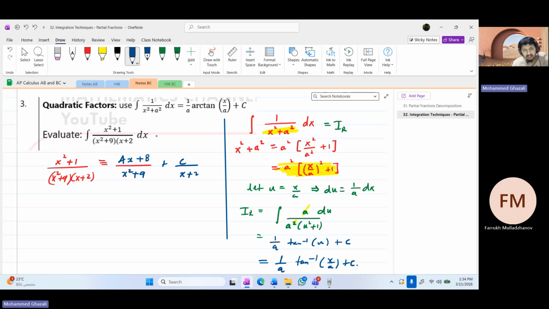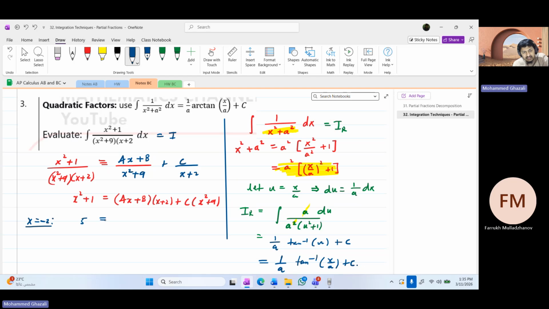I'm calling this the integral. Right, so let's see. So we're getting x squared plus 1 is equal to ax plus b into x plus 2 plus c into x squared plus 9. Now, let's solve for a, b, c. If x is equal to -2, a and b fall out.